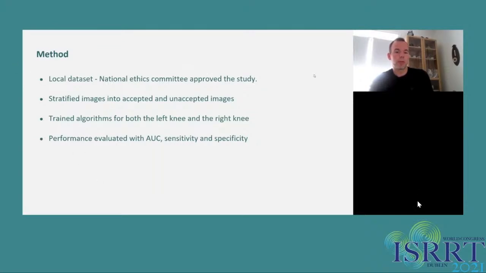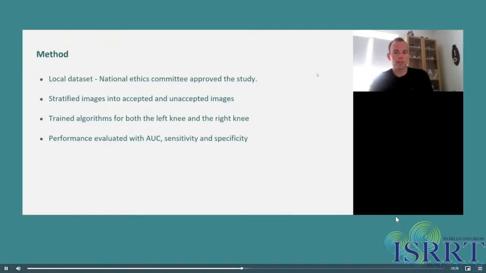This was approved by the National Ethics Committee. We stratified images of the knee into accepted and unaccepted images according to the reporting radiographers. Then we trained algorithms, the neural networks, for both the left knee and the right knee. The performance was evaluated by the area under the curve, the sensitivity, and the specificity.